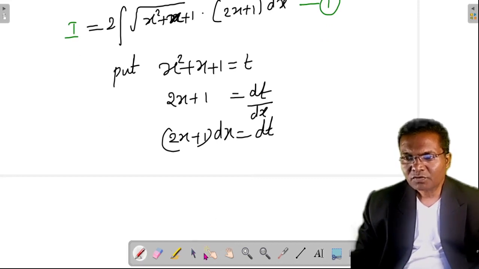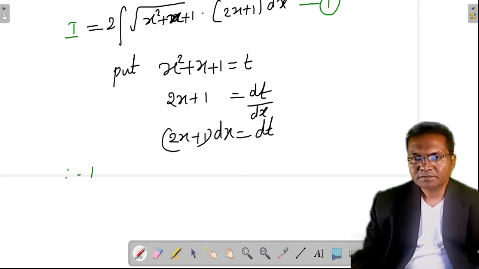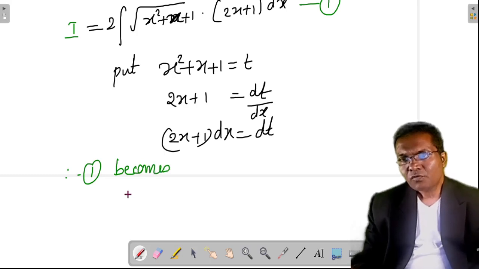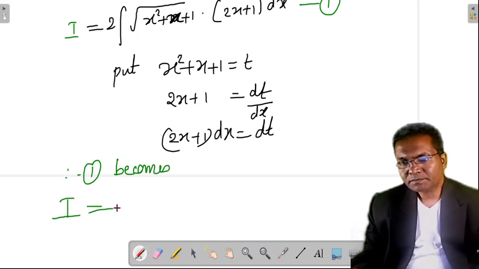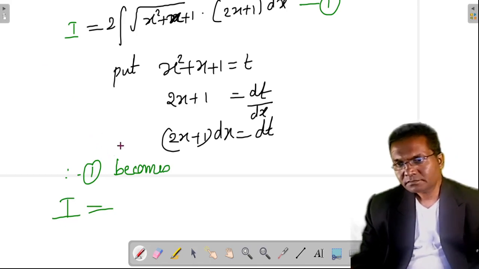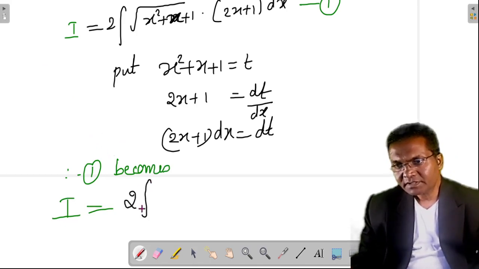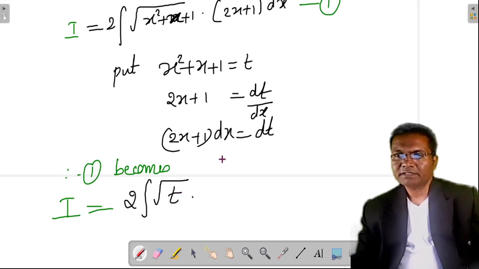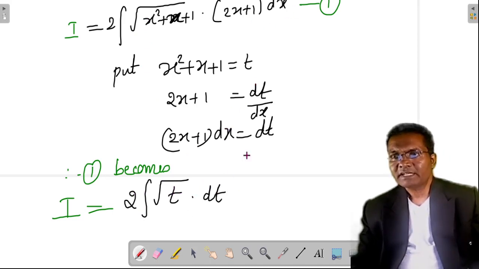So what 1 becomes? Therefore I equals 2 as it is, integration of this root t and this is your dt. 2x plus 1 into dx is dt.